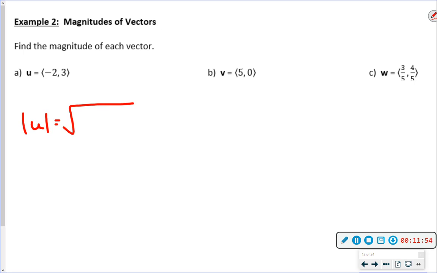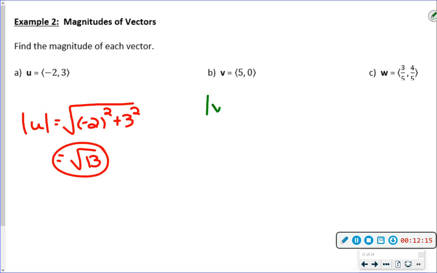We have to square both of these values, of course. Probably can do that with a little mental math: 4 plus 9. And if I could, I would try to simplify that, but 13's prime, so I'm not. We always simplify in here. Unwritten rule, we always simplify.